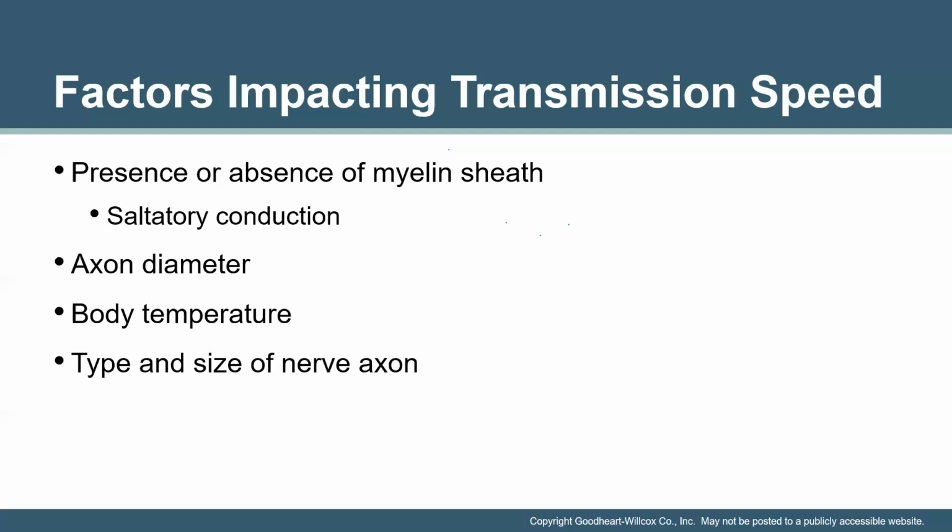So the type and size of the nerve axon also has a lot to do with the speed of its conduction. Impulses that signal limb position to the brain will travel extremely fast. Information or impulses from the objects people touch travel more slowly. The sensation of pain moves even more slowly.